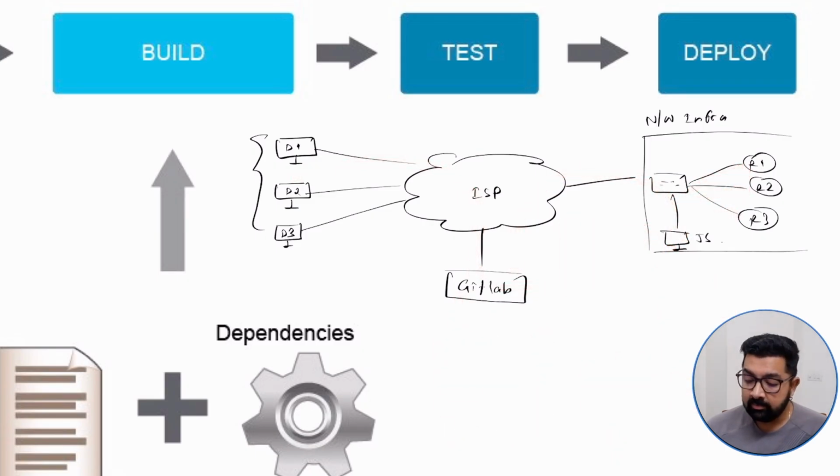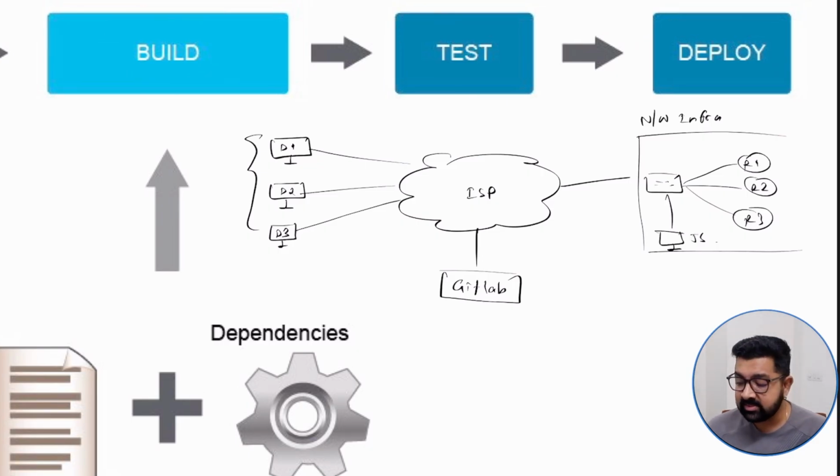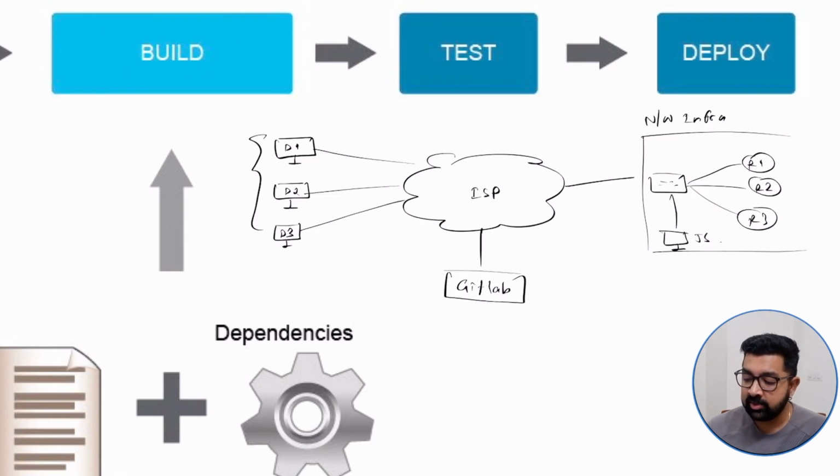So you are automating this build, test, and deployment. Maybe let's say you also have a production environment, like this is your prod network, and then you also have your test network somewhere. You have similar devices virtually simulated like R1, R2, R3, but this is a test network.